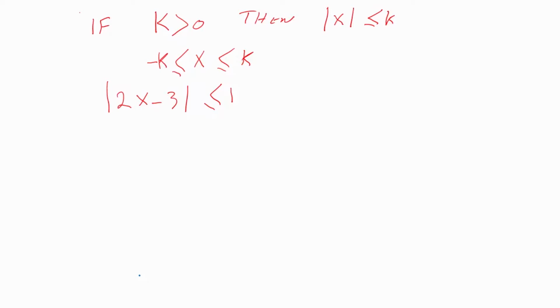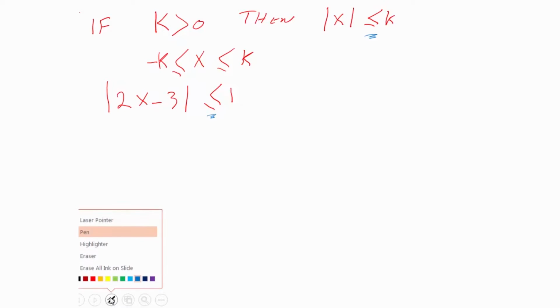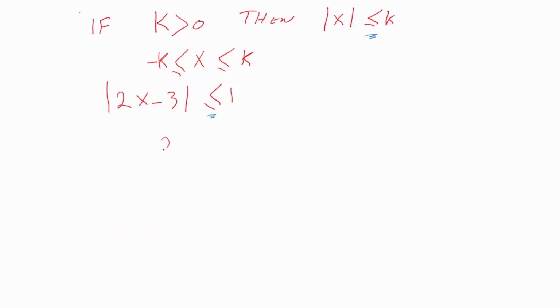Because this says less than or equal, this is the same as this, less than or equal, then that means 2x minus 3 is less than or equal to 1 or greater than or equal to minus 1. So here you would have two inequalities. Either 2x minus 3 is less than or equal to 1, or 2x minus 3 is greater than or equal to minus 1.